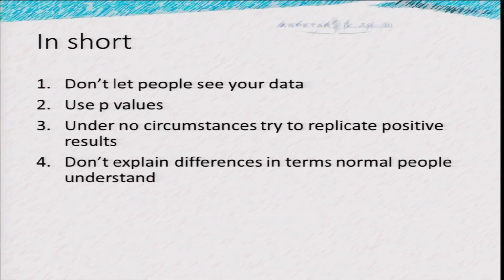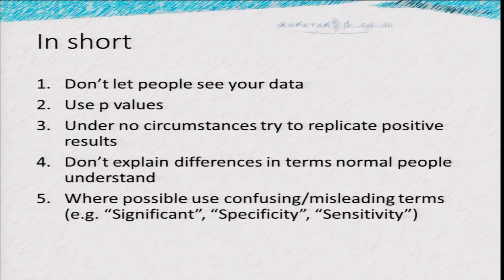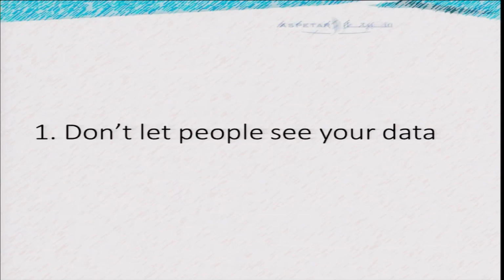When you do find differences using p-values, never try and explain them in terms that people are actually going to be able to understand. This way lies madness. And finally, if you've ever got the possibility, try and use terms that statisticians like that normal people have different meanings and different associations attached to. So we'll go through these 5 points now one at a time.